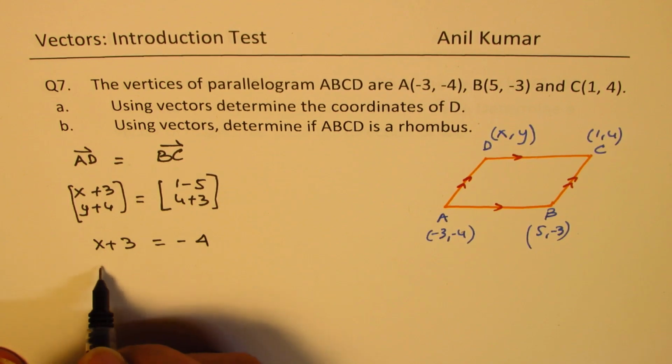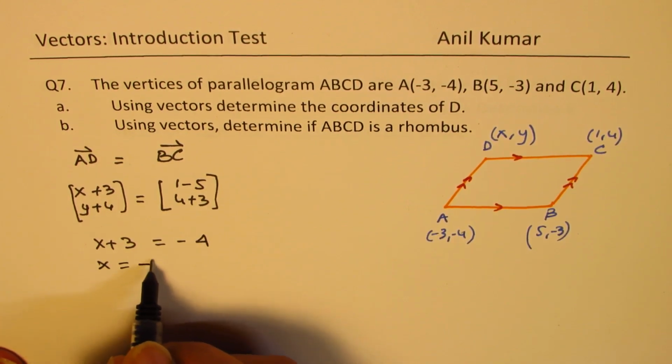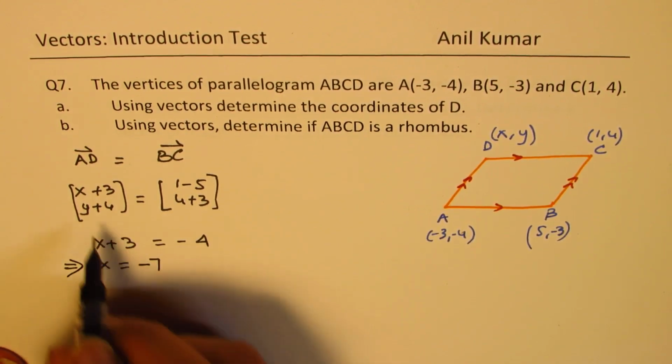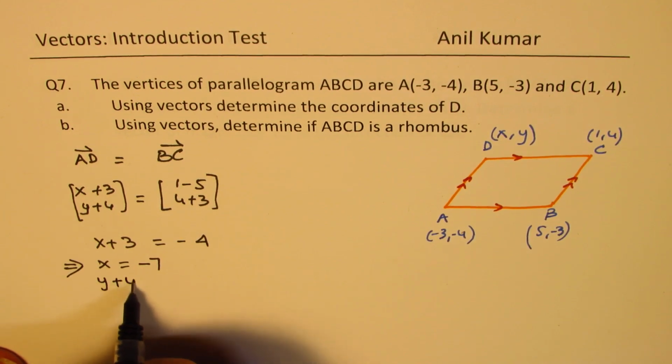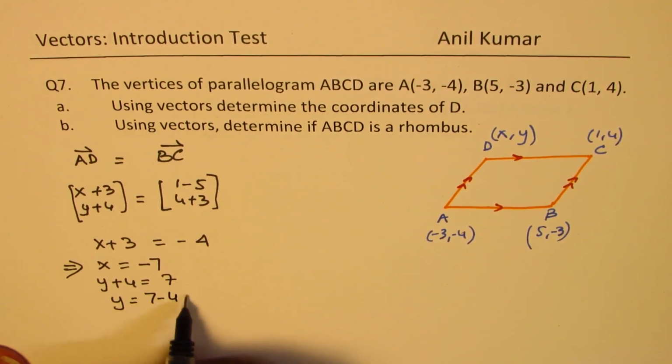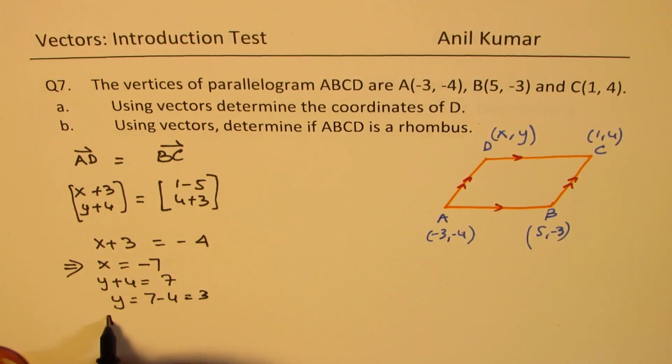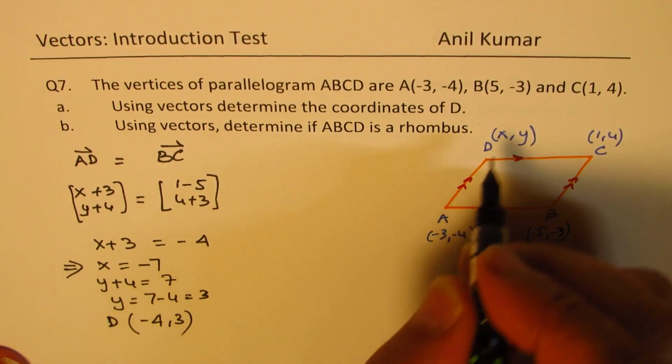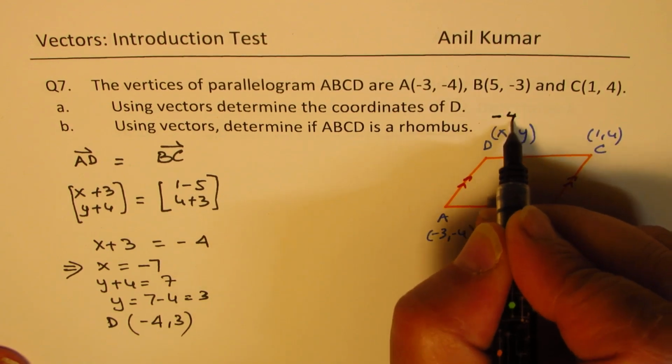And so that gives us x equals -7. The other one is y plus 4 equals 7. So y equals 7 minus 4, which is 3. Right? So the coordinates for D will be -4, 3. Is it clear?